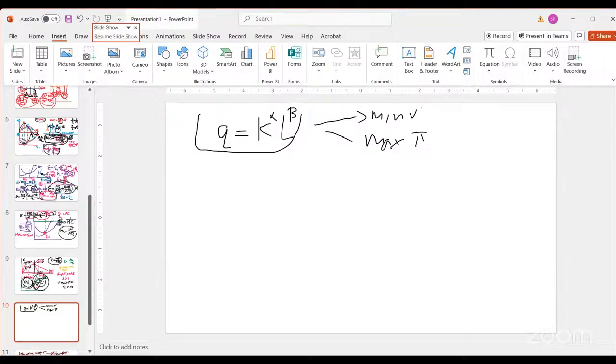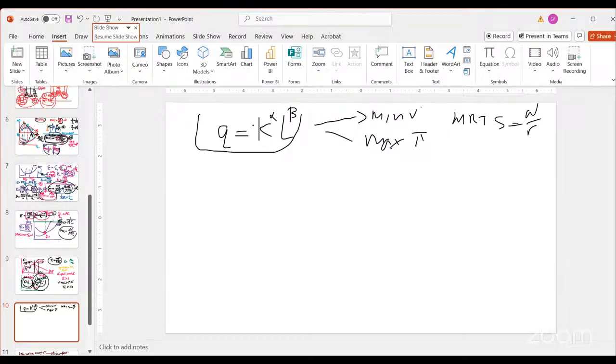And also, use the cost minimization or maximization. The condition you need is MRTS equal to the input price ratio.